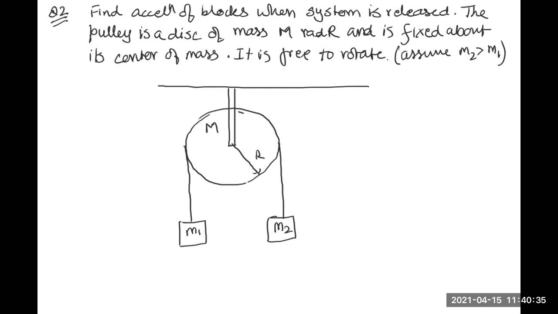So when we were studying Newton's laws, we had assumed that the pulley or any pulleys occurring in the system are ideal objects, and ideal ka matlab tha that they are massless. Okay? They are massless, frictionless, everything that is not physically possible.